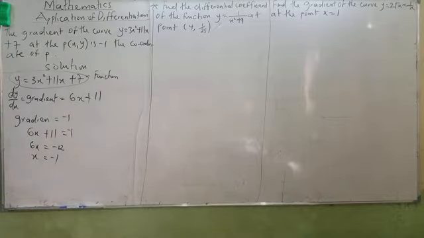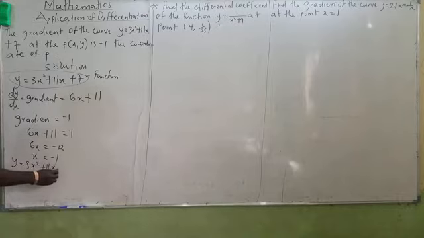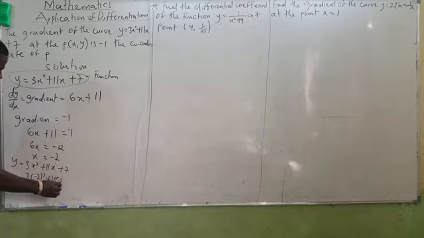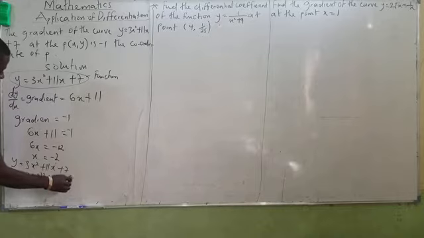My x equals minus 2. Now, since my x is minus 2, I will now come to here and say that y, which is 3x squared plus 11x plus 7, I'll be having 3 bracket of minus 2, minus 2 squared, plus 11 bracket of minus 2, plus 7.